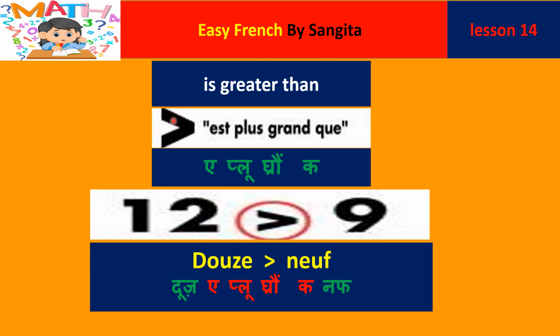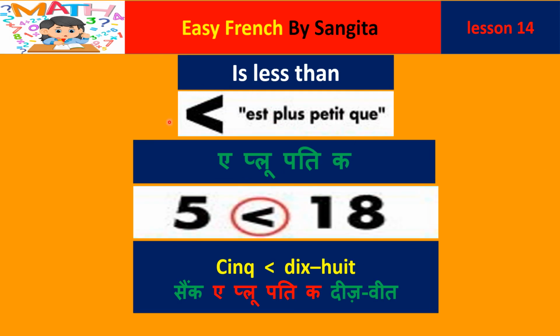This sign is greater than, so à plus grand que in French. So 12 is greater than 9. We are going to read it as douze est plus grand que neuf. Plus grand que is greater than. Next symbol is less than.